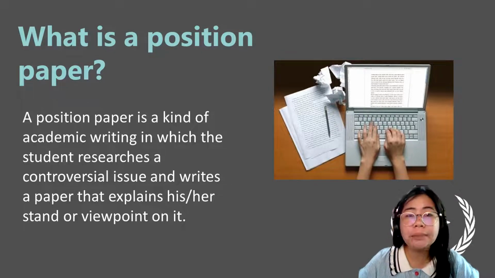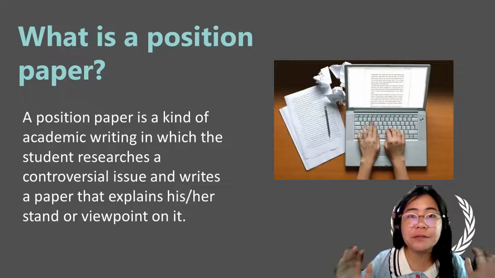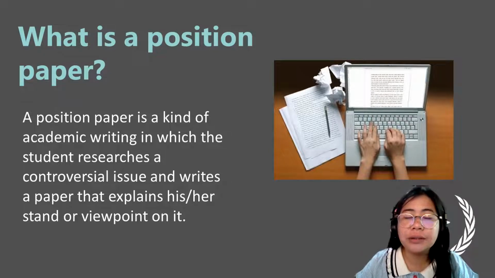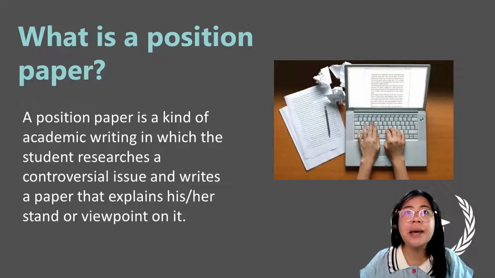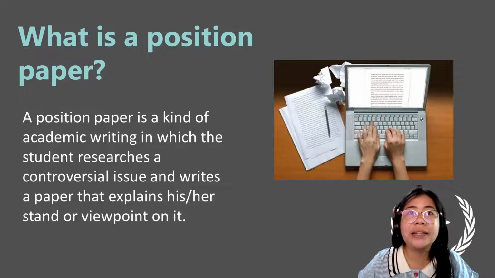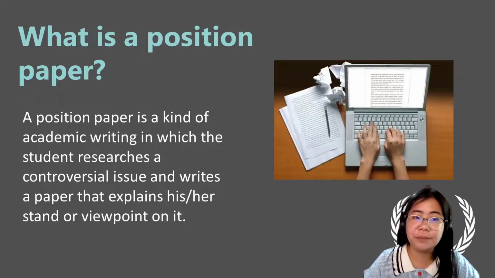But before we can present our stand and our opinion, we have to present first the background about this particular issue. We have to research on different people who are considered credible and analyze their opinion about the particular issue.